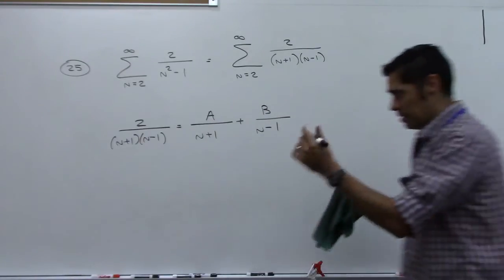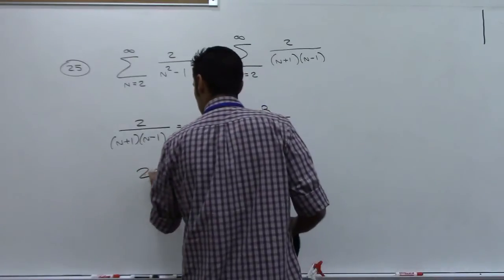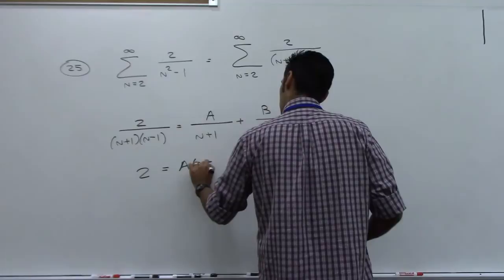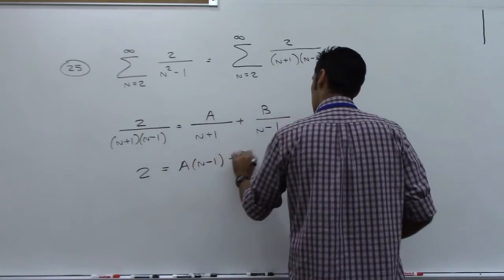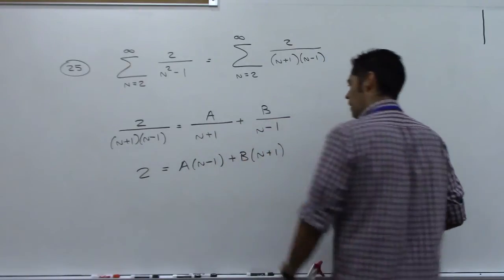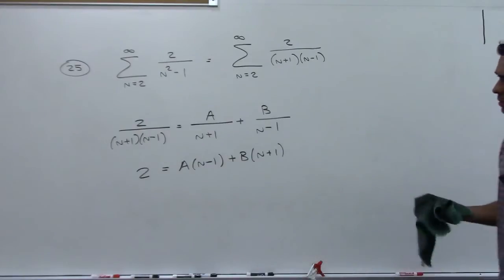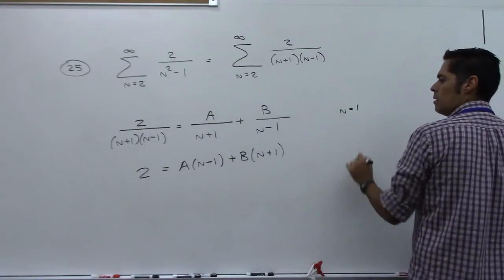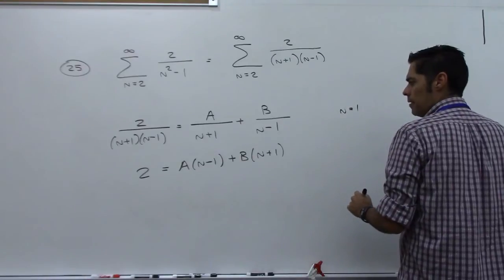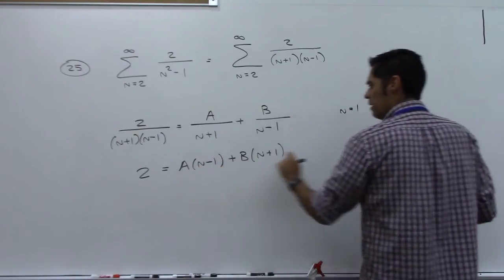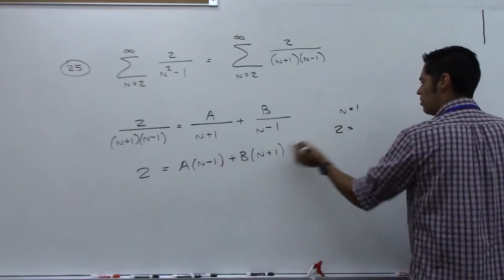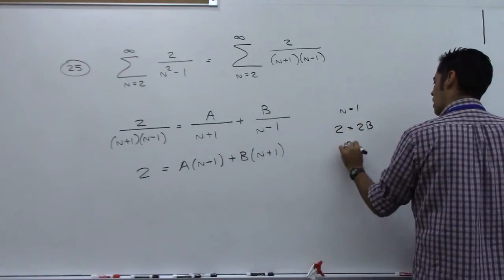We did this when we were doing integration with partial fractions. We go ahead and determine what a and b are. If n is 1, it kills off this term, and we get 2 equals b times 1 plus 1, which is 2b, so b is 1.